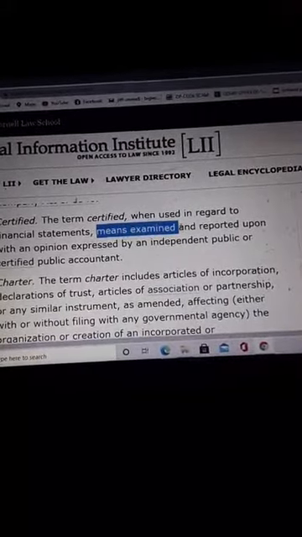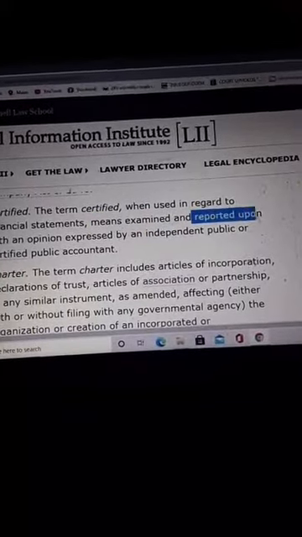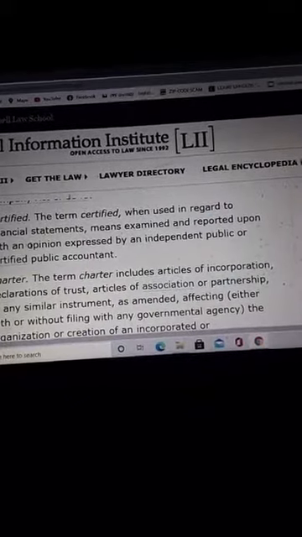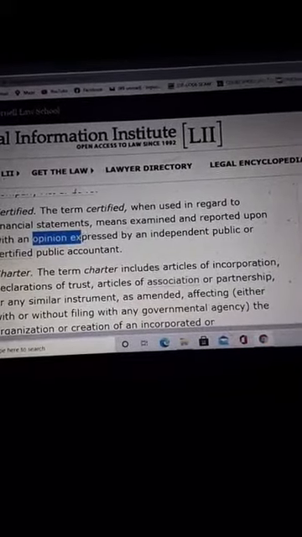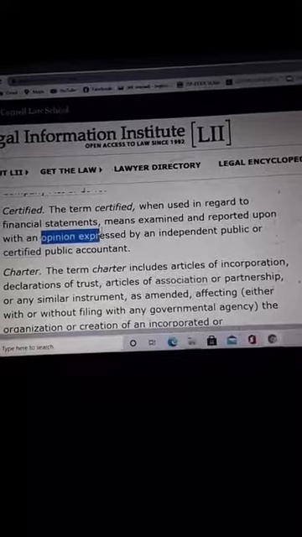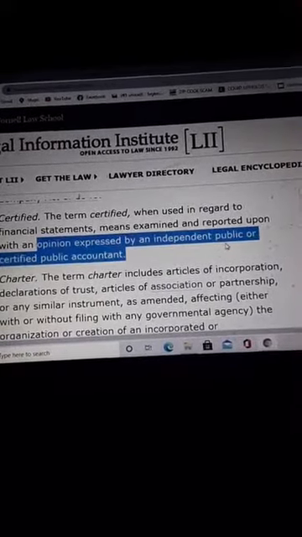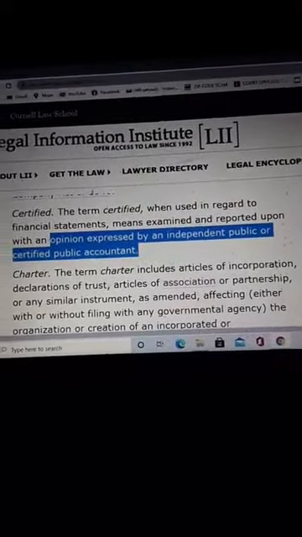Means examined and reported upon with an opinion expressed by an independent public or certified public accountant.